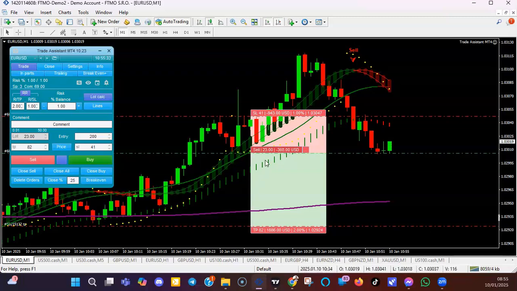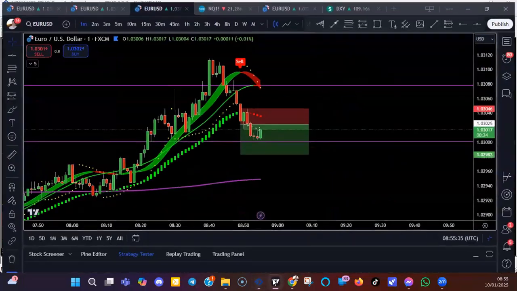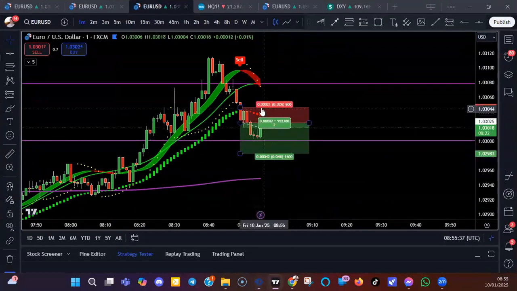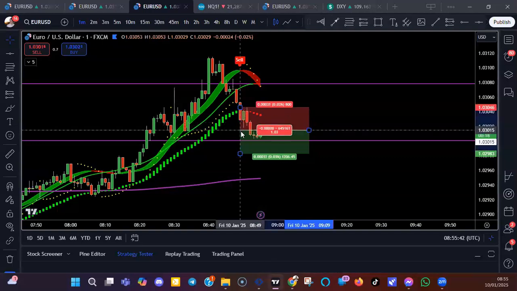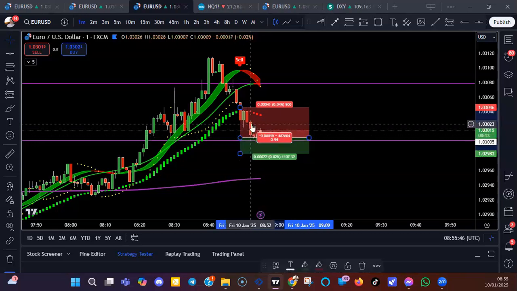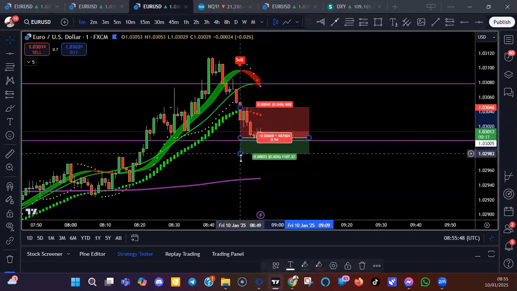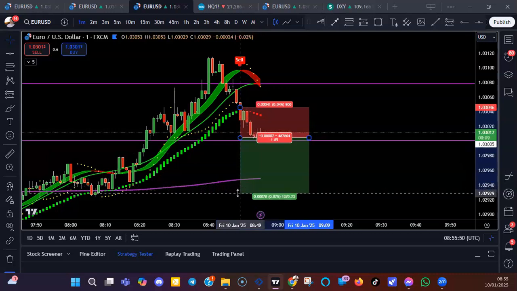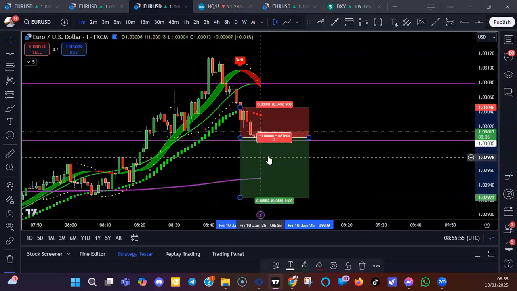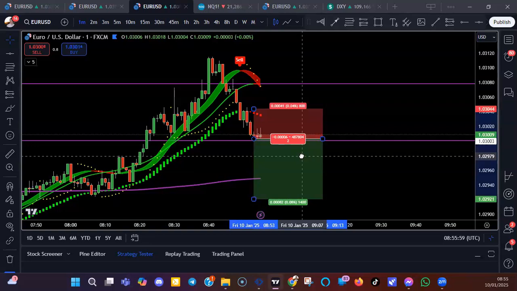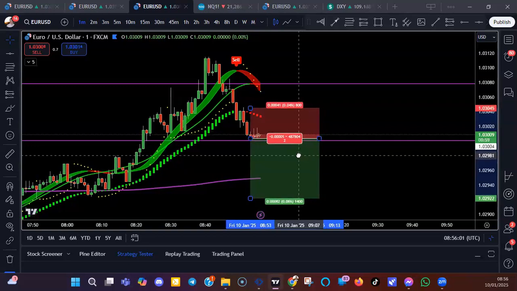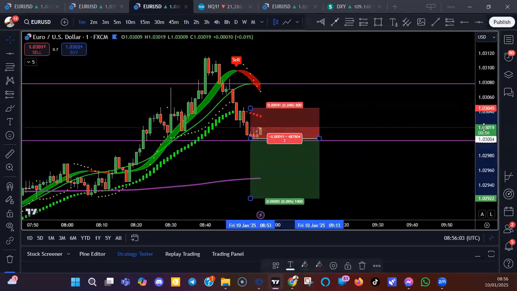So 4.1. That brings that down to there. 4.1. So that's where I am. 2% is down there. So that's where I am at the minute.